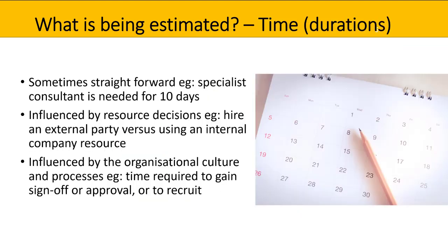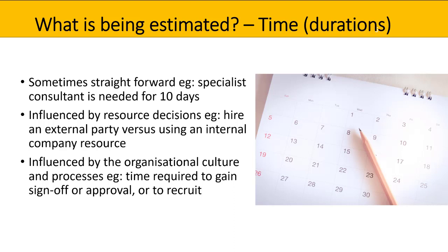Then we need to consider the time or the duration. So sometimes this is pretty straightforward based on those resources. So you might define that you need a specialist consultant for 10 days. However, your resource decisions can also be influenced by a number of things. So for example, whether or not you hire an external party versus using an internal company resource as part of your project.